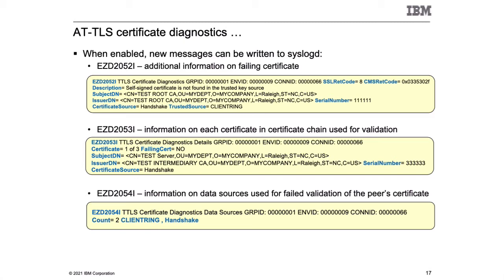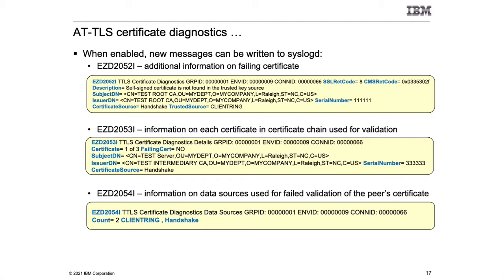There's also information about the distinguished names and the serial number, as well as the certificate source and the trusted source that's used to validate the certificate. If you go to a slightly higher level of diagnostics, you'll get the 2053 and 2054 messages, and these are where you really get useful information about the chain that was used for the validation. There will be a 2053 message issued for every certificate in the chain, and if you look at the sample output here, you see this says certificate 1 of 3.